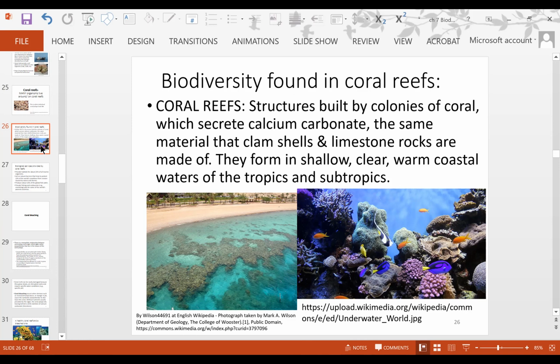So ancient coral reefs are going to be massive limestone areas, like this huge rock, for example, would be ancient coral reefs. So around the world, one source of limestone rocks is ancient coral reefs.